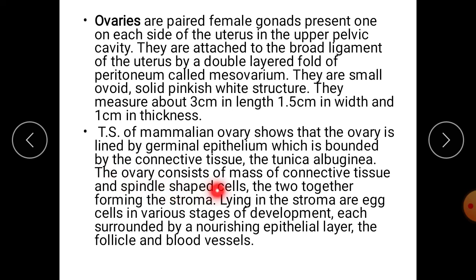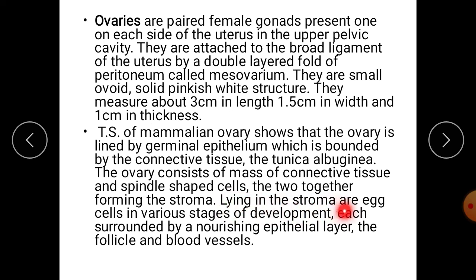The ovary consists of a mass of connective tissue and spindle shaped cells, the two together forming the stroma. The central part of the ovary is formed by spindle shaped cells, connective tissue, blood vessels, nerve endings, all together forming stroma.